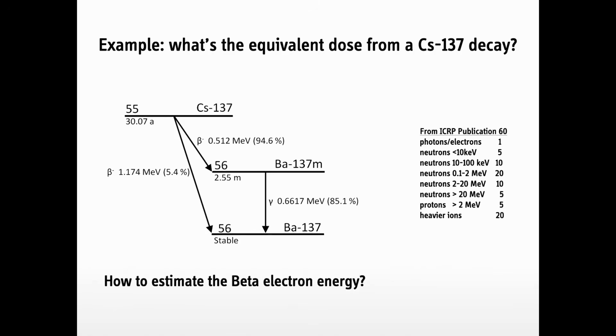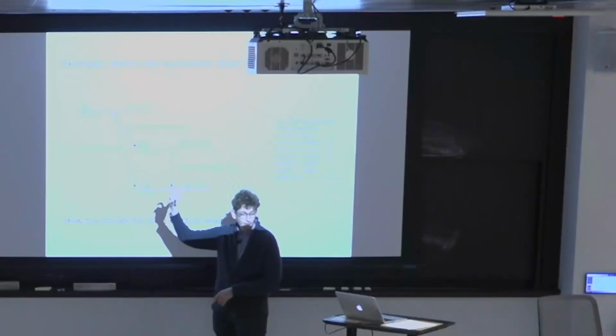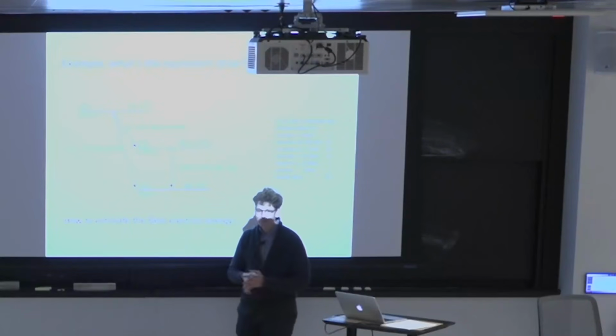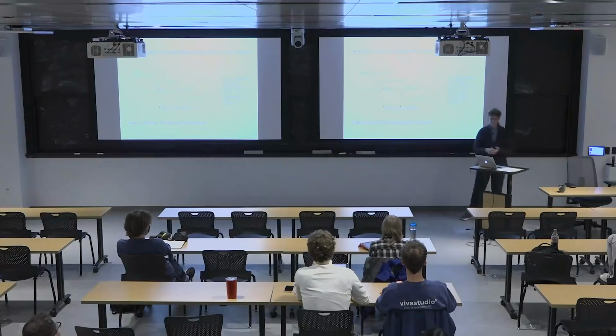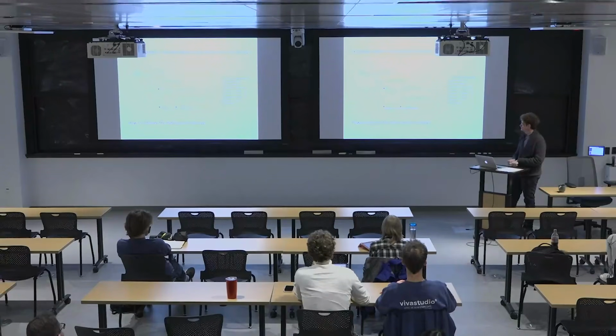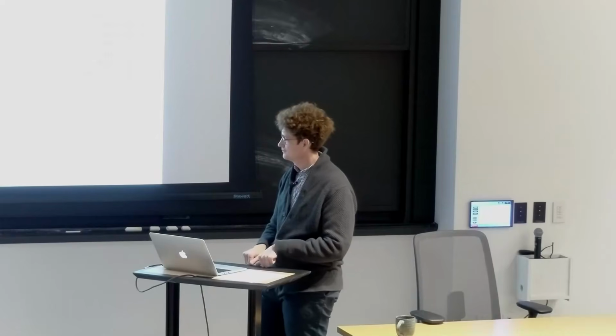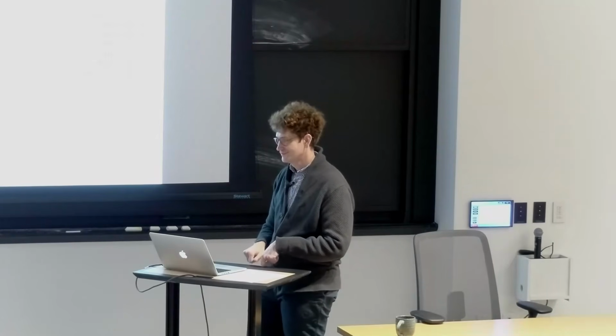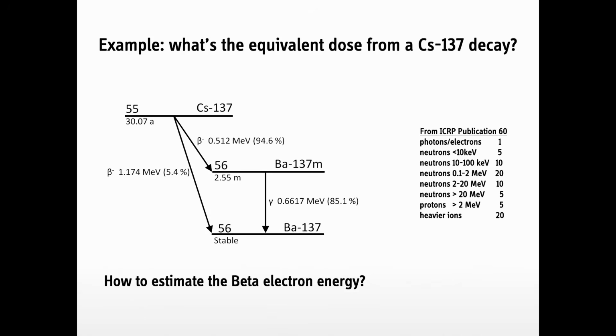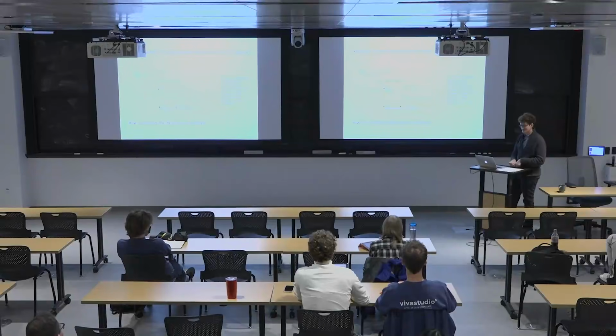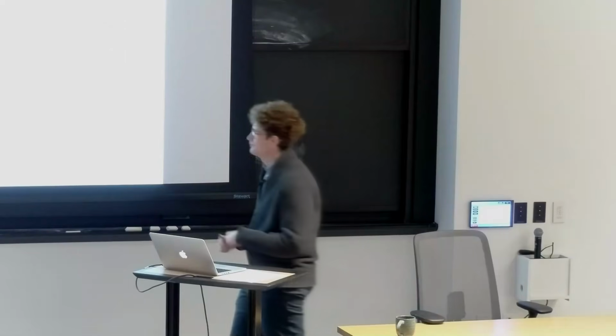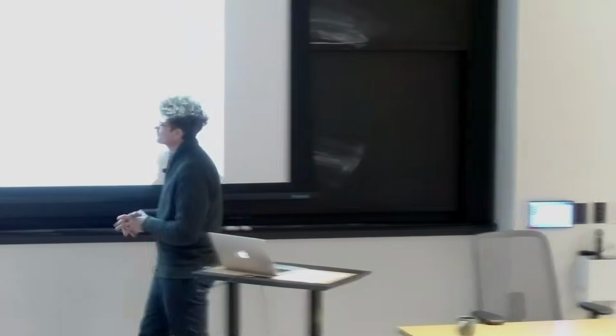One's a beta, one's an electron, and one is a photon, but they both have an RBE of 1. I start out here.